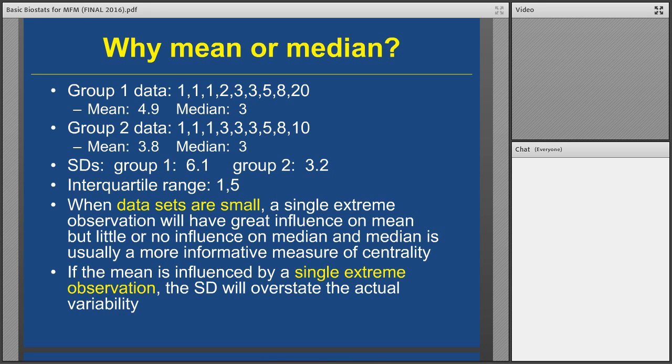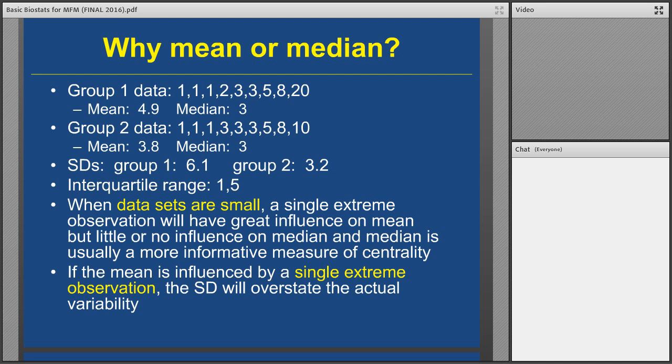And when the data sets are small, we can see in these two data sets that a single extreme observation will have great influence on the mean, but little or no influence on the median. The median is usually more informative for centrality in these small data sets. So if the mean is influenced by a single extreme observation, which is what we assume when the data is non-normally distributed, the standard deviation will overstate the actual variability.